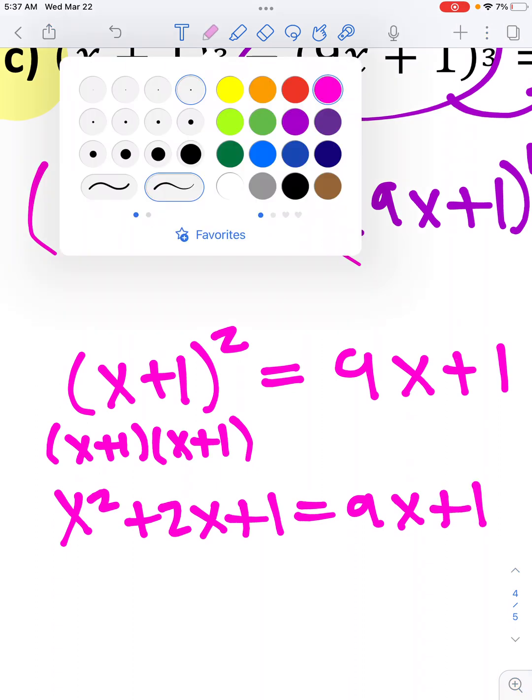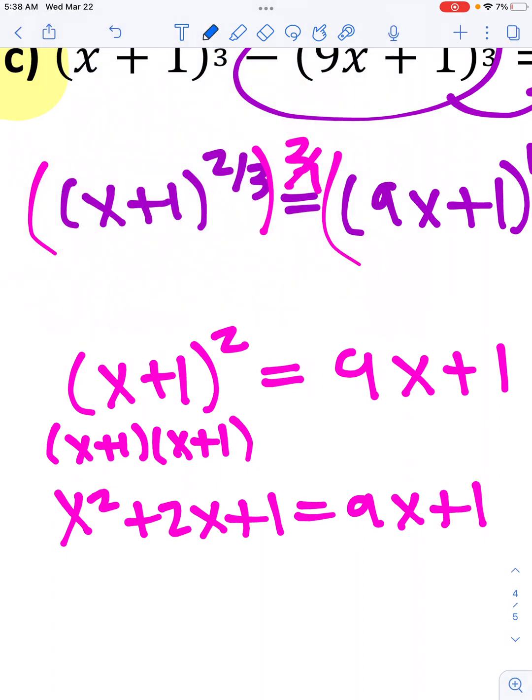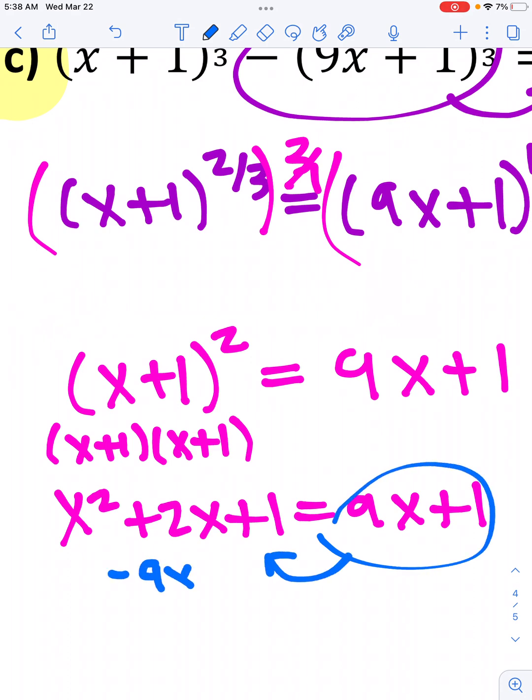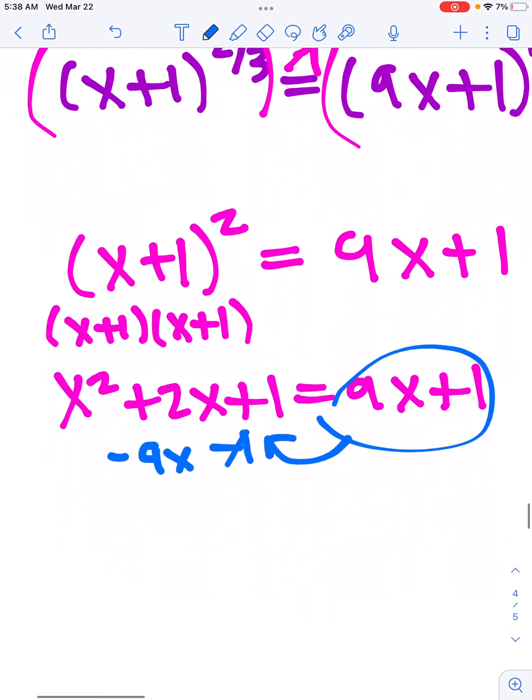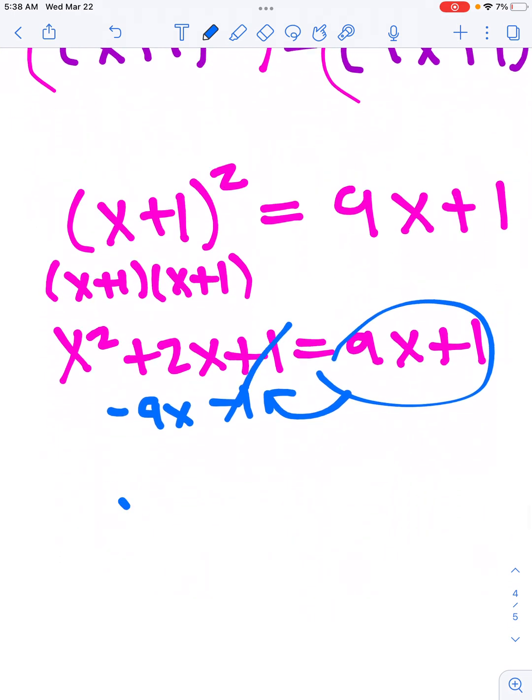And then when I move everything over, I'm actually going to end up losing my constant. So minus 9x minus 1. So the 1's will go away. And then I have x squared minus 7x equals 0.